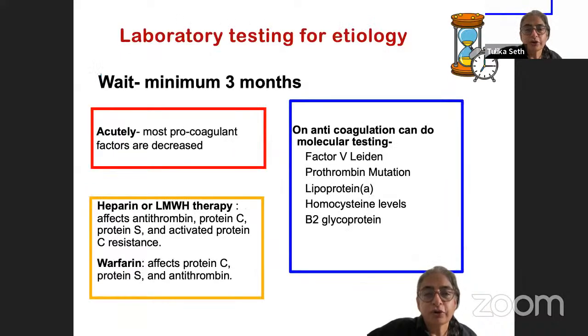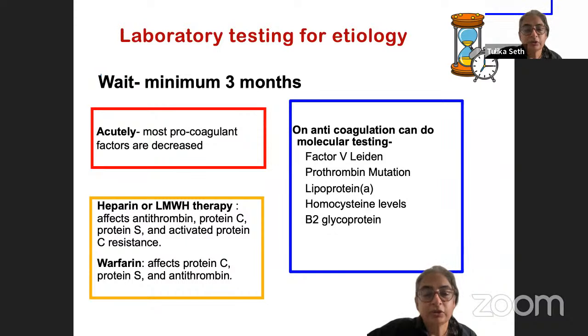So what are the laboratory tests that help you understand what is the underlying cause of a thrombosis? First of all, in the acute setting, all of your thrombotic proteins will be deranged. When you have an acute thrombosis, you will see protein C, protein S, and antithrombin III at low levels.